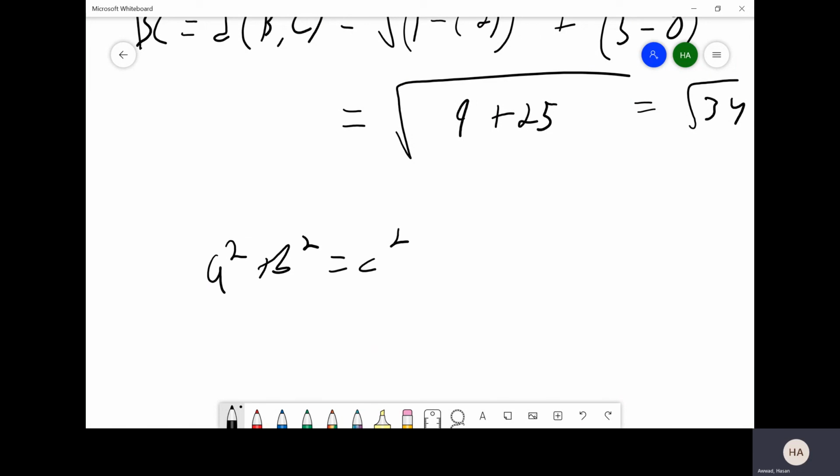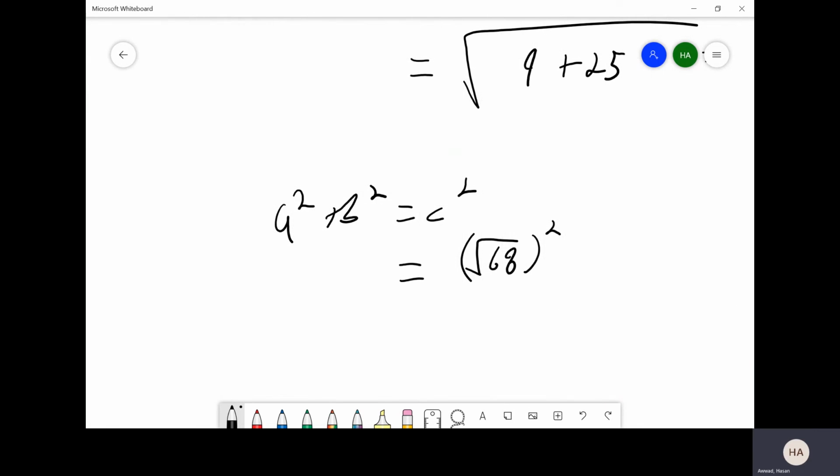Your c is the longest side, that's your hypotenuse. So our longest side is square root of 68, and it's, of course, being squared. And your legs, we can put them in either order. In this case, it really doesn't matter the order because they're identical, right? So it's square root of 34 squared plus, again, square root of 34 squared.